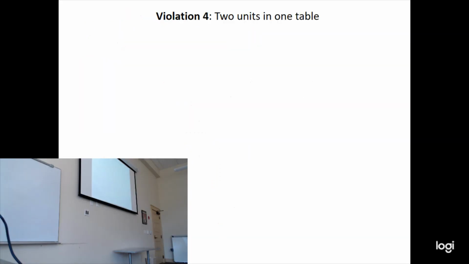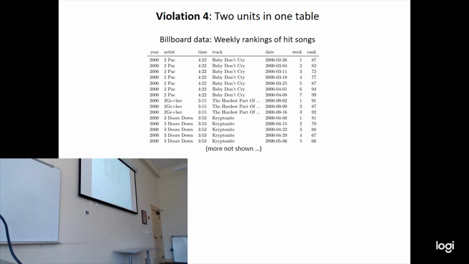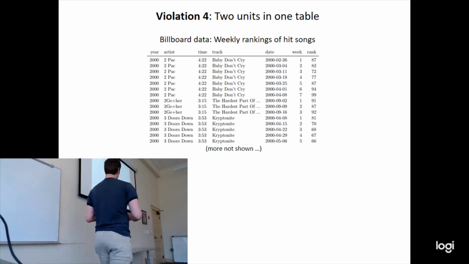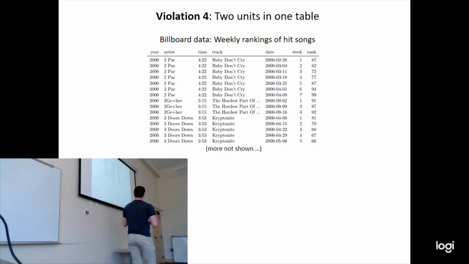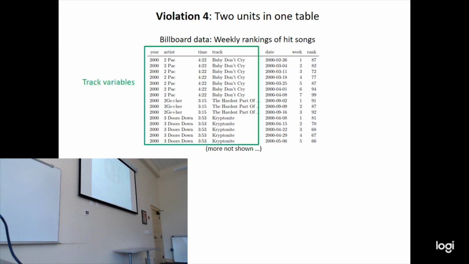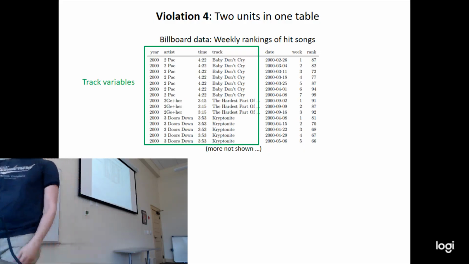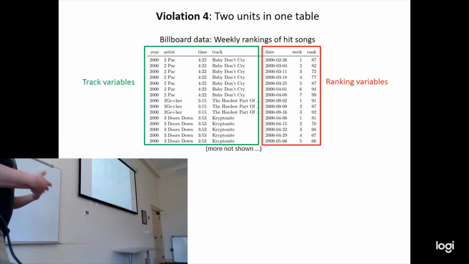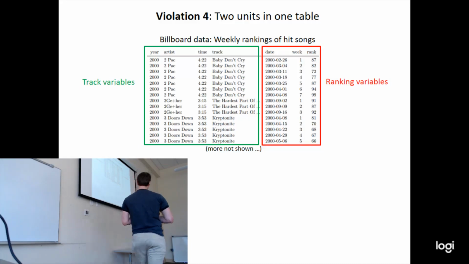So to make this concrete, this is a data set of Billboard rankings of a bunch of songs. And one thing that might be hard to see here is that we have information about the songs over here, and we have information about the particular ranks that songs have over here.